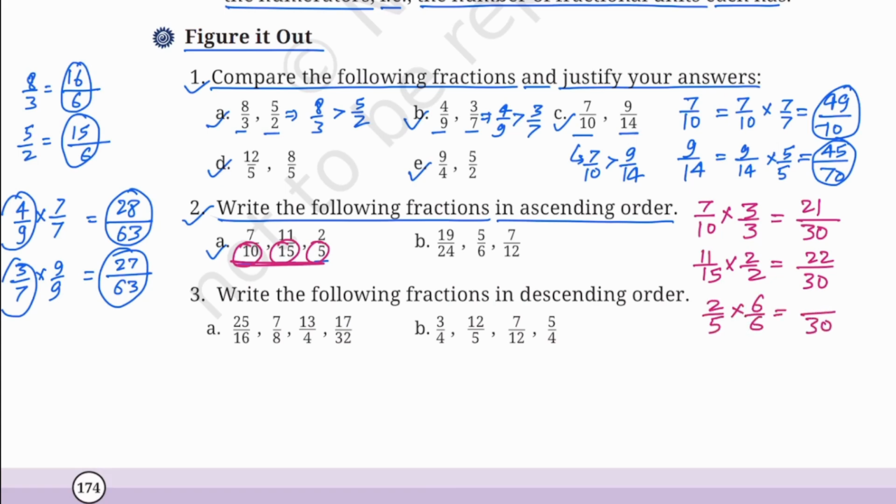You can see the smallest one is 12 upon 30, that is 2 upon 5. Then 21 upon 30, that is 7 upon 10. Then 22 upon 30, that is 11 upon 15.